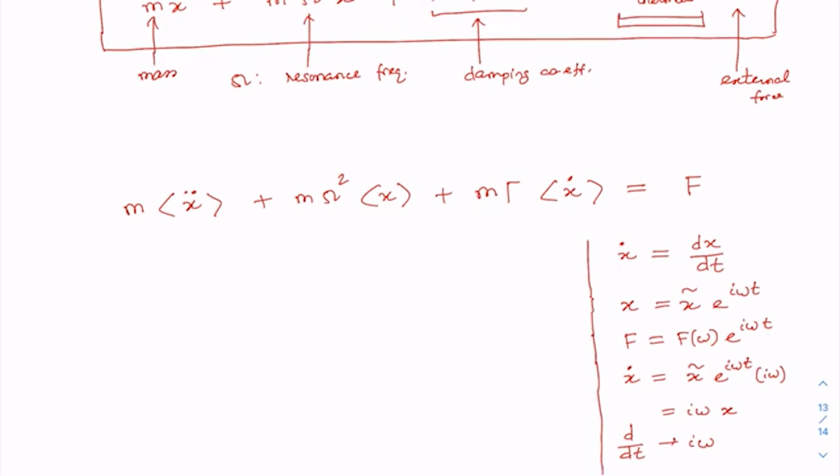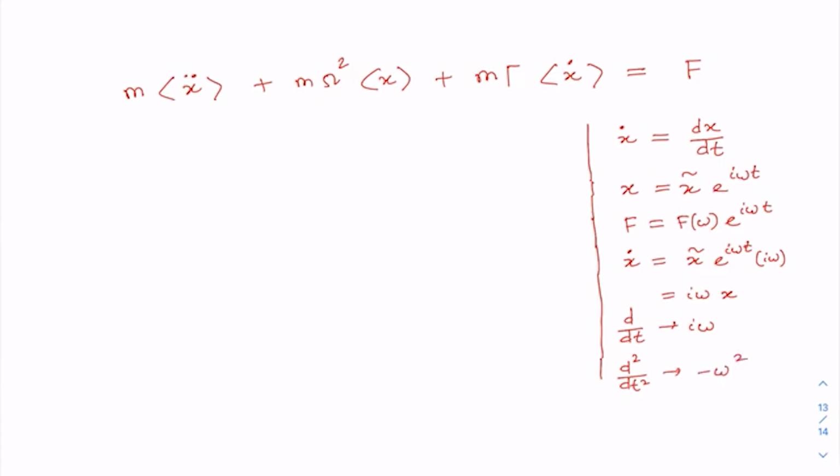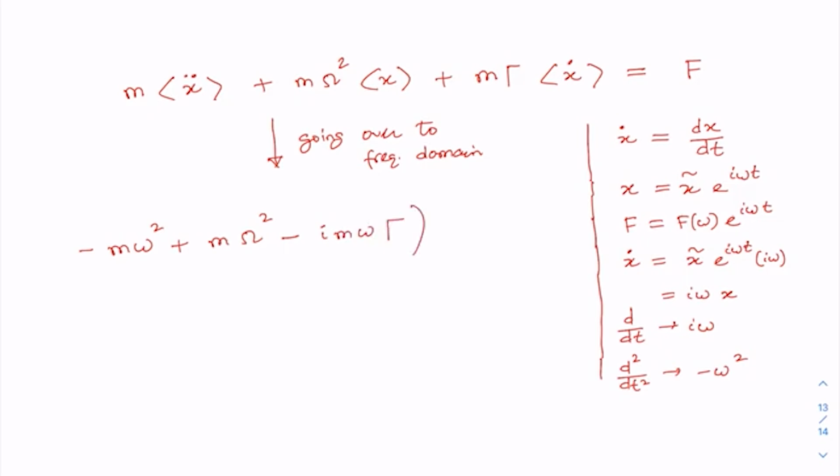Taking this prescription, d2 by dt2 would become minus omega square, right? Going over to the frequency domain, I can write it as minus m omega square plus m capital omega square minus i m omega gamma, and here I have this x.